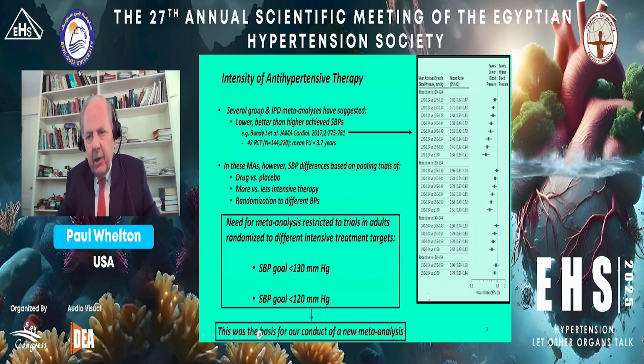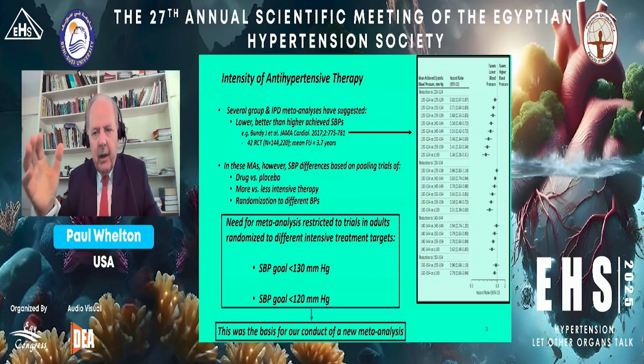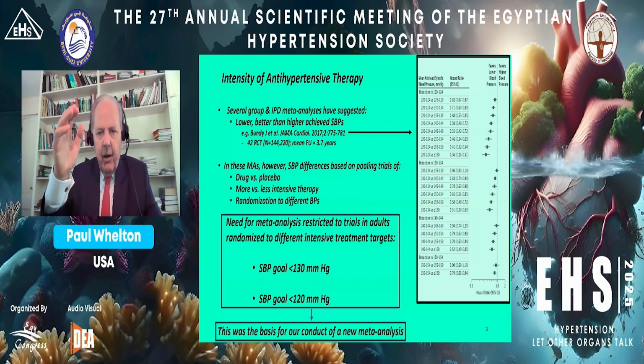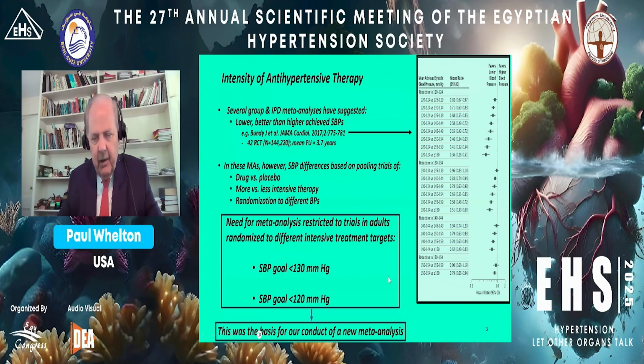And basically it shows that the treatment is the inverse of observational. So observational, from lower to higher pressure, you get increasing risk. With clinical trials, from higher targets to lower targets, you get decreasing risk.